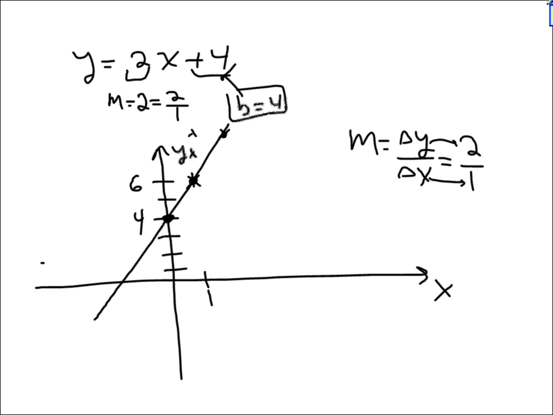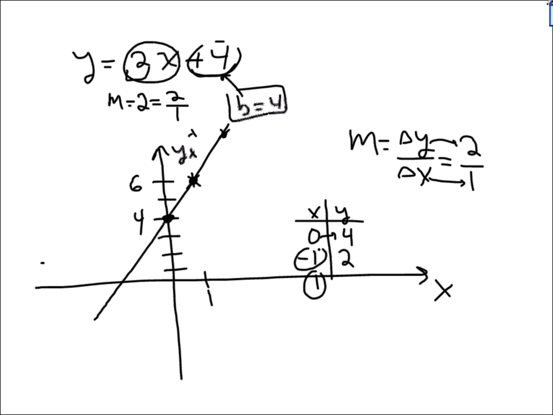I never made the table. I never made an XY table. If I did, I would double x and add 4. I would take 0, -1, and 1. I would double 0, I'll get 0, and then I add 4. I would double -1, that would give me -2. Then I would add 4, that would give me 2.